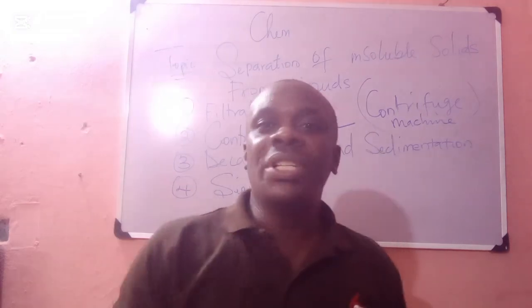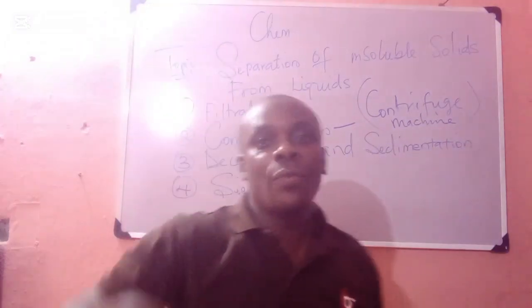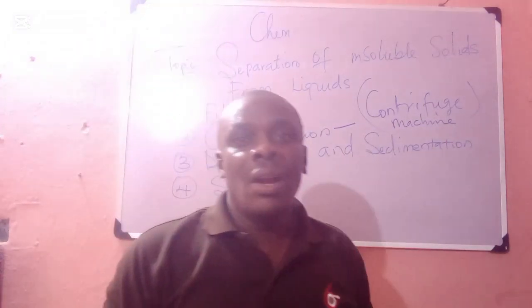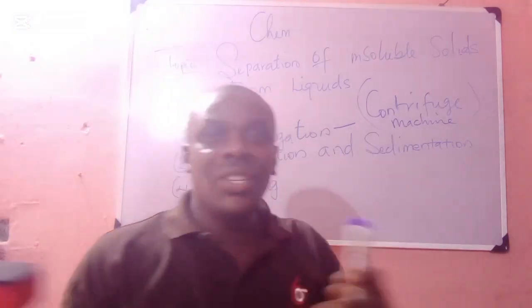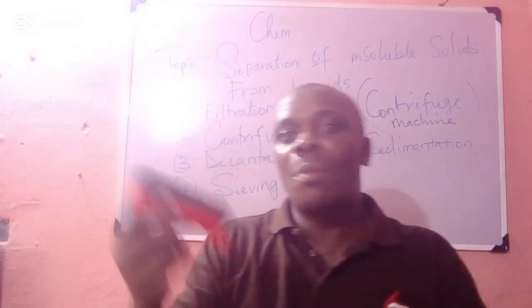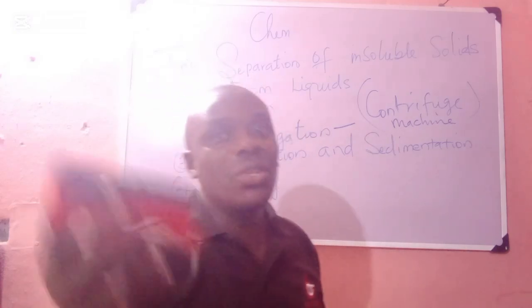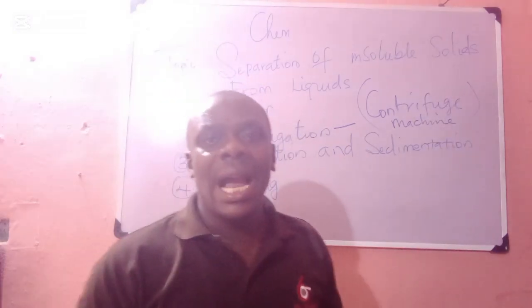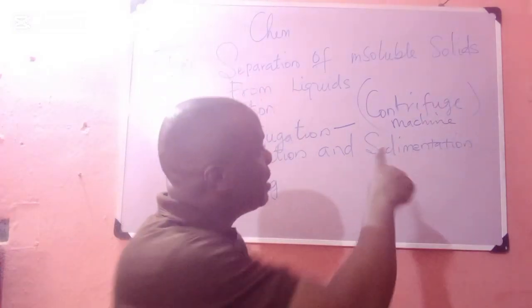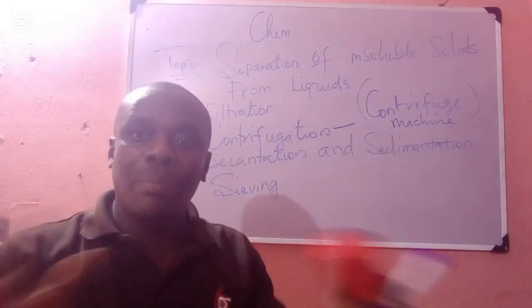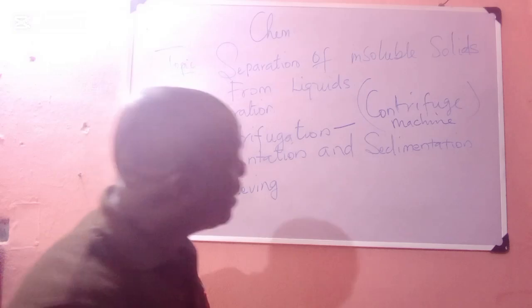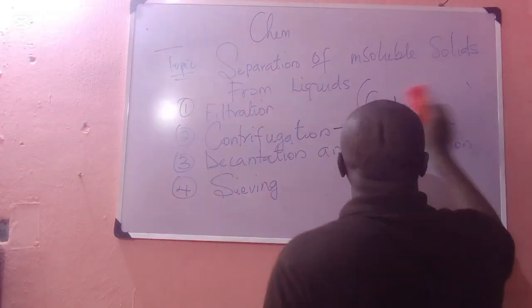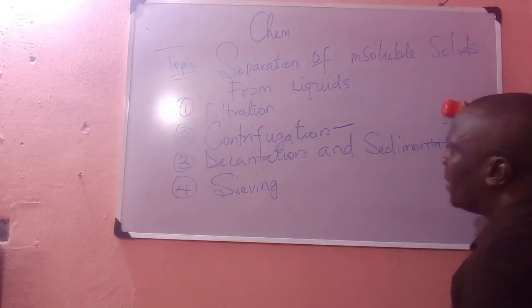You put it in the centrifuge to spin it. If you spin it for a period of time, you see that the solid will separate from the liquid part. When you spin it, you are doing what? Separation. You are separating the liquid from the solid. So that is one of the major methods.